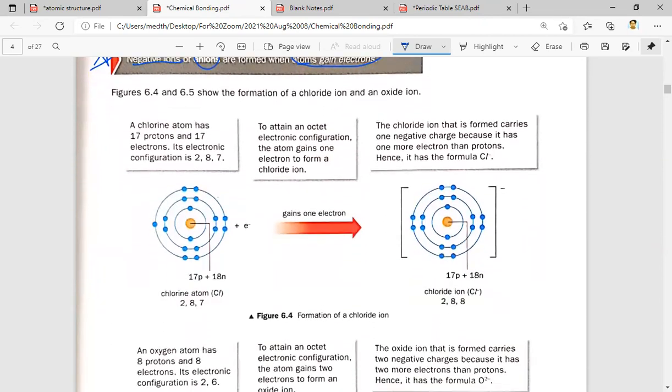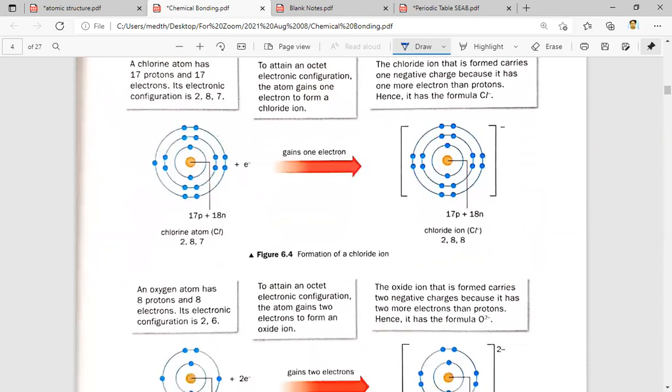Okay, so let's go through some examples now. Chlorine atom, 17 protons, 17 electrons. Electronic configuration 2,8,7. There are 2 ways that it can undergo bonding. One is plus 1 electron to become 2,8,8. The other one is minus 7 electrons to give me 2,8.